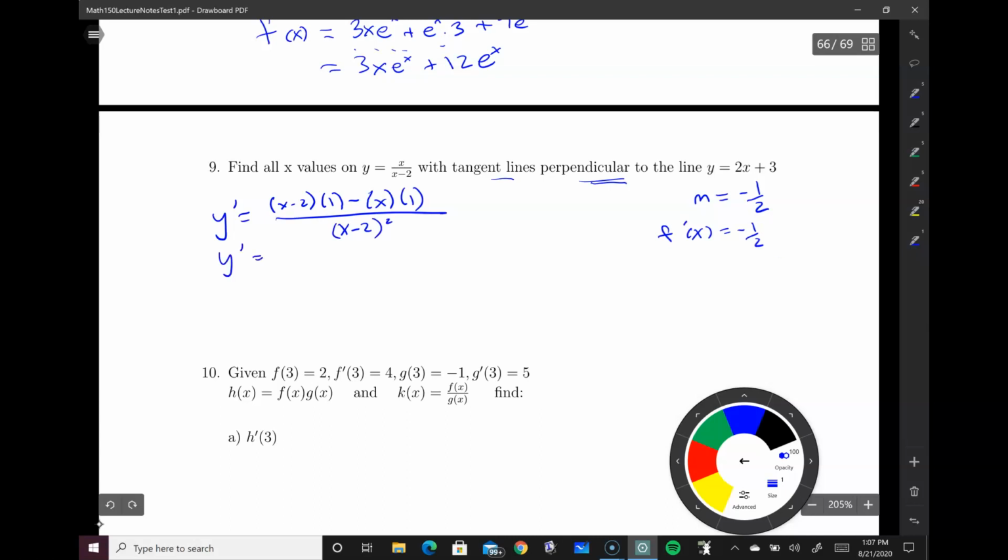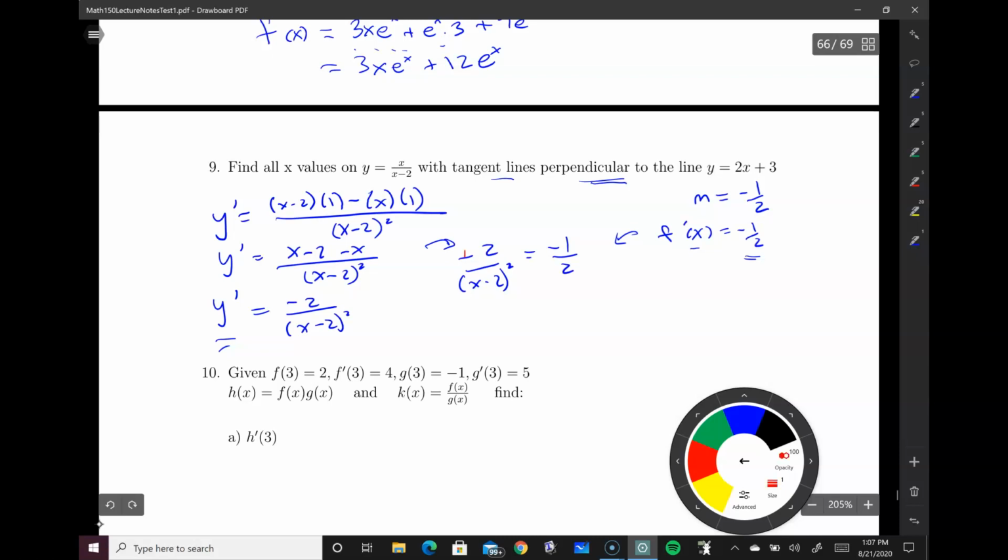So we're going to have that. We have reason to simplify the numerator. So I have x minus 2 minus x all over x minus 2 squared. So the derivative simplifies to negative 2 over x minus 2 squared. That's my derivative. I'm trying to find the x's that make the derivative equal to negative 1/2. So I'm going to set my derivative equal to negative 1/2.